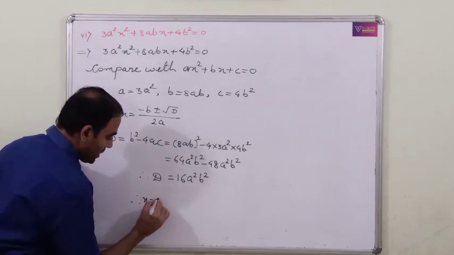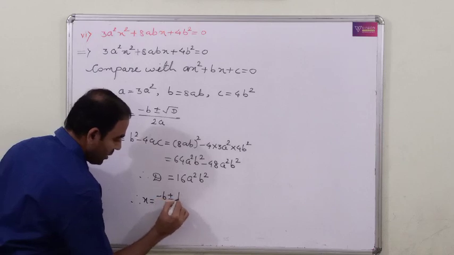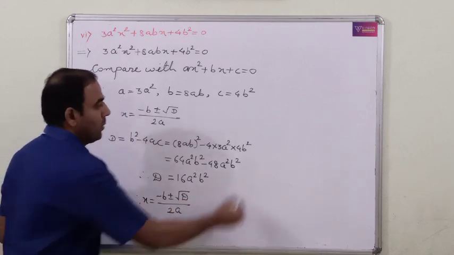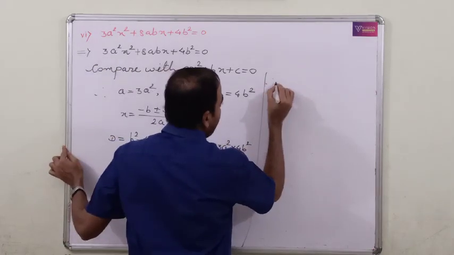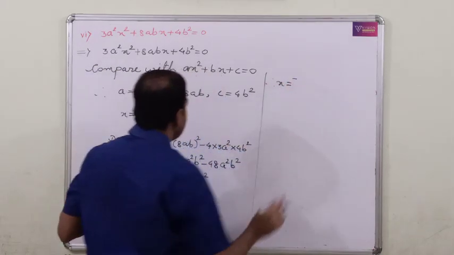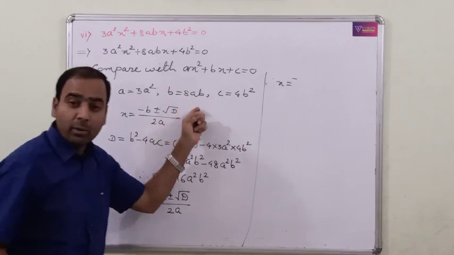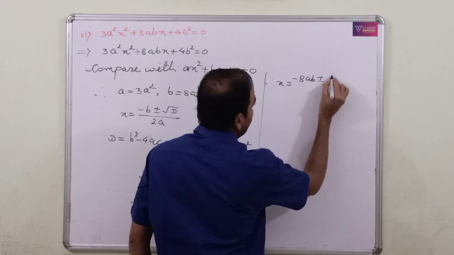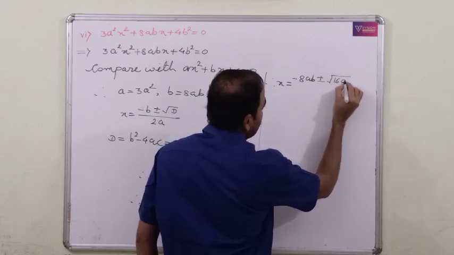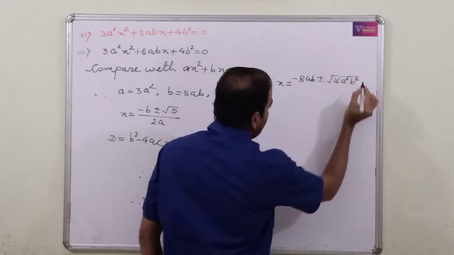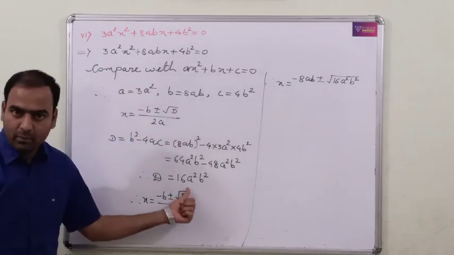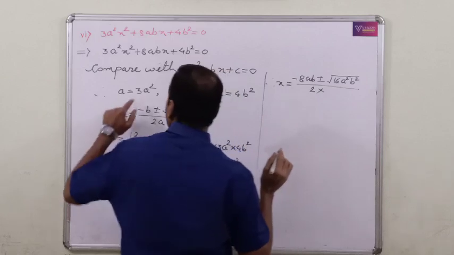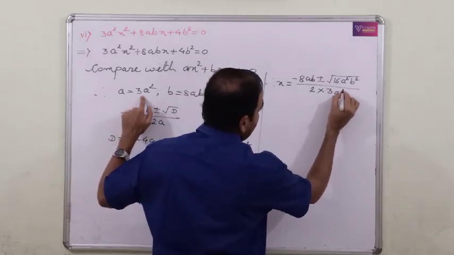So what is our equation? Therefore x is equals to minus b plus or minus under root discriminant upon 2a. Put the value. Therefore x is equals to minus b, what is the value of b? 8ab, plus or minus the value of discriminant, which is 16a square b square, upon 2 into the value of a, which is 3a square.